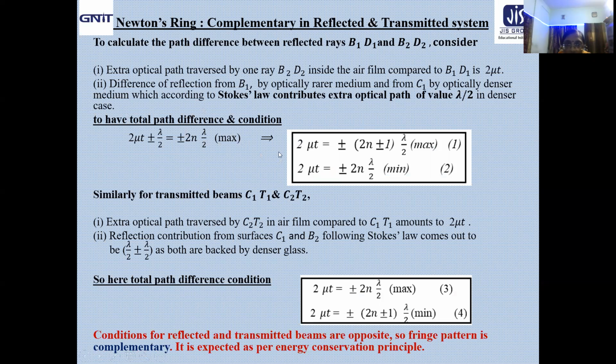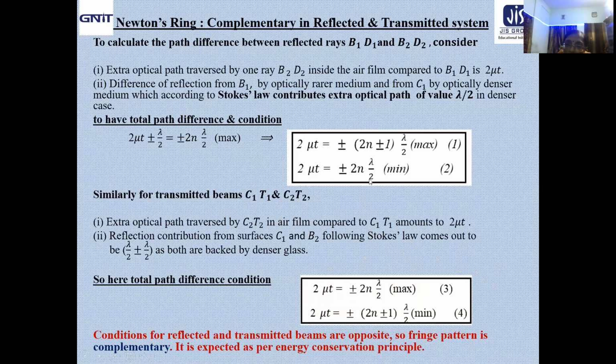In the reflected system, this is the condition of minimum. A dark fringe of order n is the locus of those points where the film thickness is constant, because we know that a fringe means the locus of points of constant optical path. So here mu is constant, only T is variable.